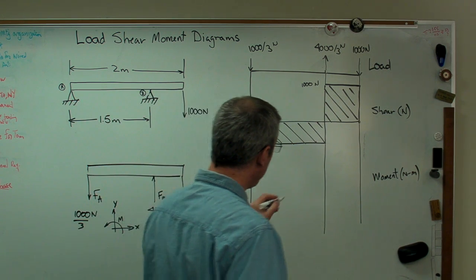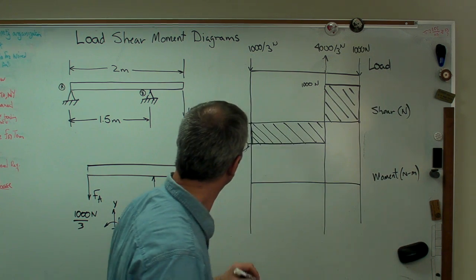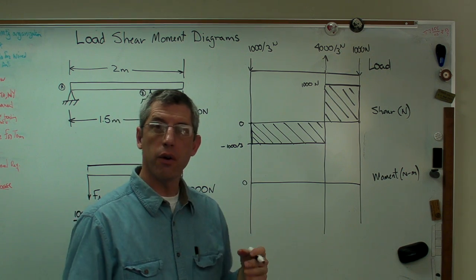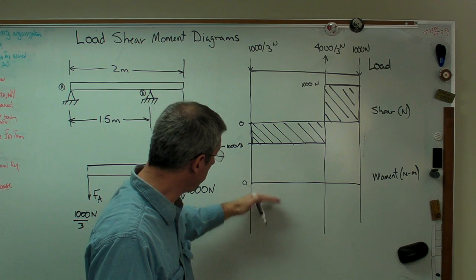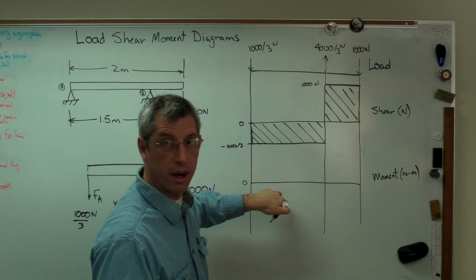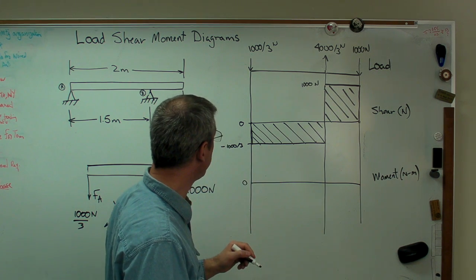Okay, last stop on our journey here is to put that right at the horizontal axis for the moment diagram there. Now, in order to find out where we're going to be on this axis, we need to find out the area here. The area here equals the height there. This is really an integral, but it's easier to talk in terms of area.